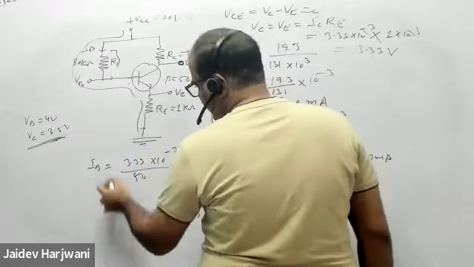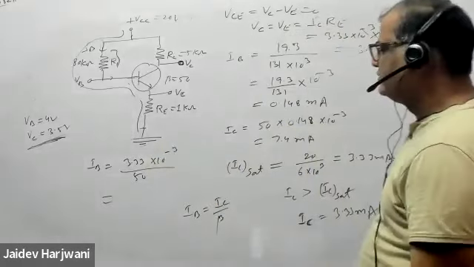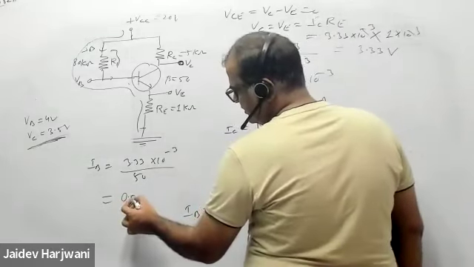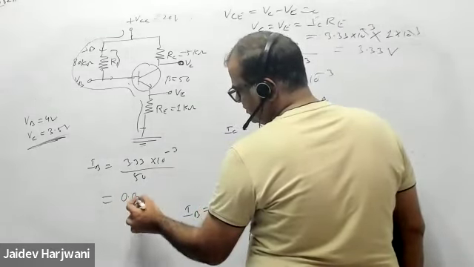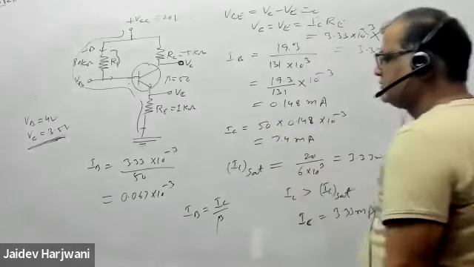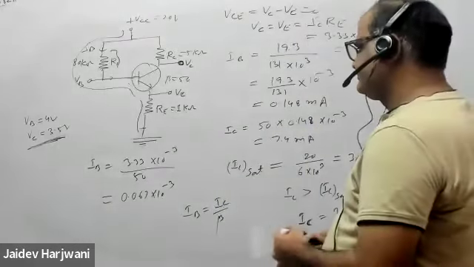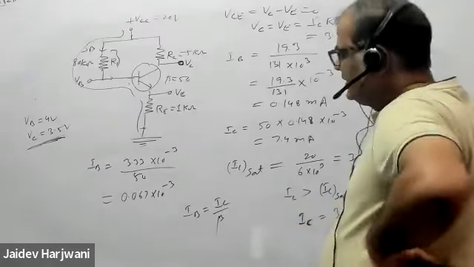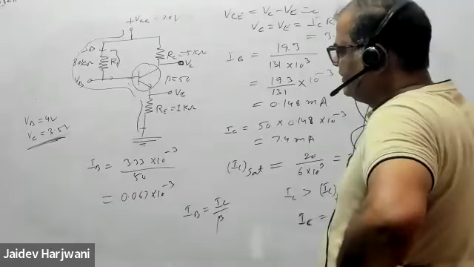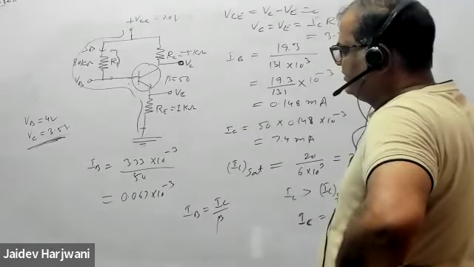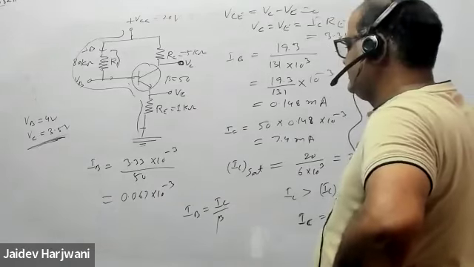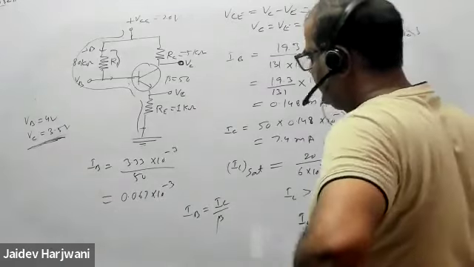Tell me how much is coming. IB value is 0.067 milliamps. Correct.